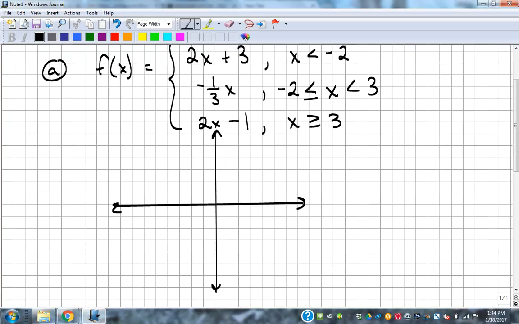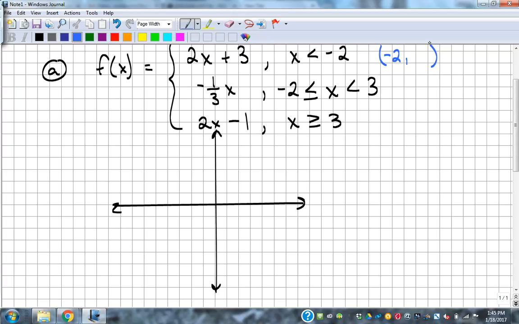The important points come from the inequality. So at negative 2, what's going on with that graph? Where's it at? How can we find out what's going on at negative 2? We can plug it in right here. Okay? So important point would be at negative 2, and then plug in that for x.